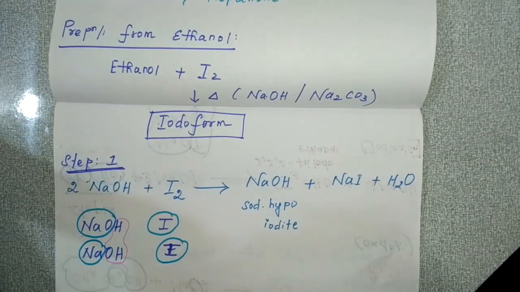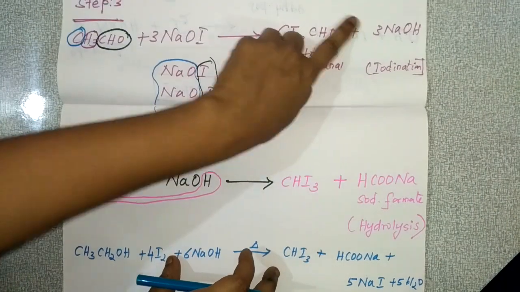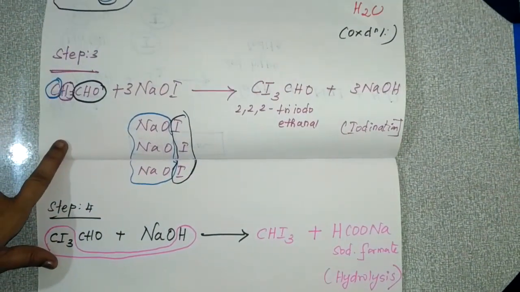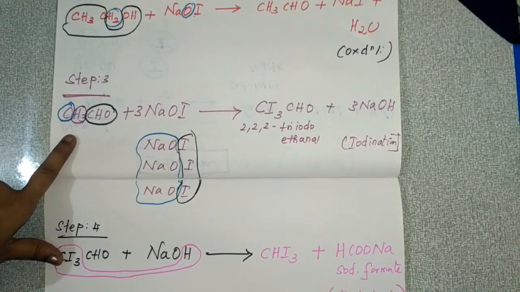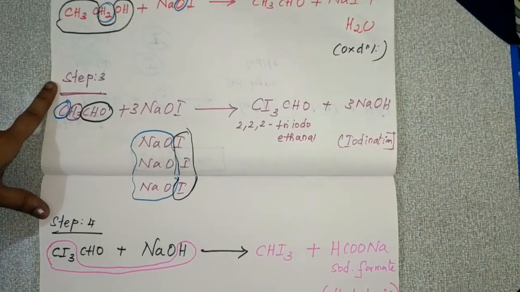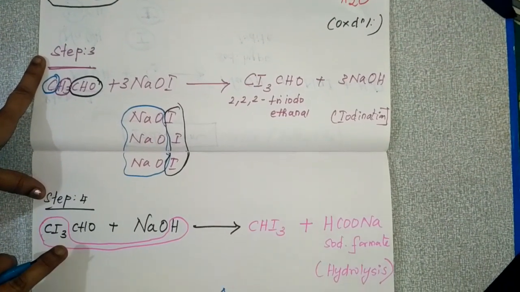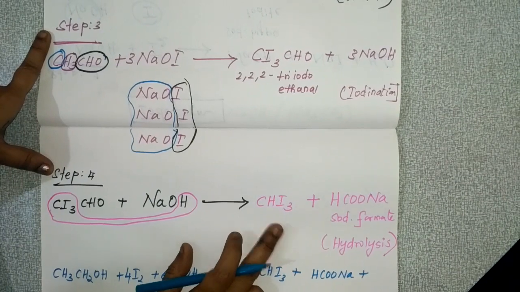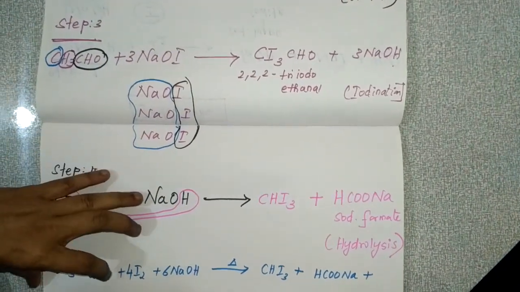Sodium hypoiodite is formed, and the second step is oxidation of ethanol to ethanal, and the third step is iodination, addition of iodine to this ethanal, and your fourth step is hydrolysis of 2,2,2 triiodoethanol by sodium hydroxide. Then you will get iodoform. So this is how iodoform is formed from ethanol.